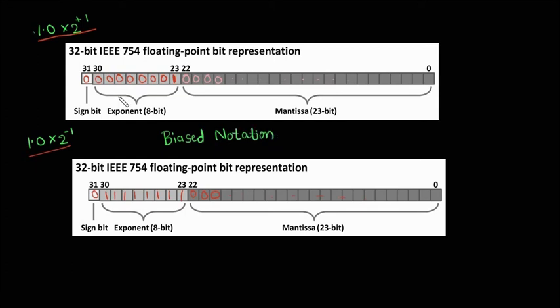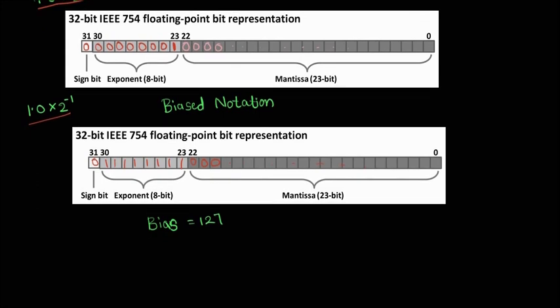That is, we add a number to this exponent number to make it appear as a big number, and we add the same number here to the negative number to appear it as a smaller number, and that bias number in IEEE 754 is 127.